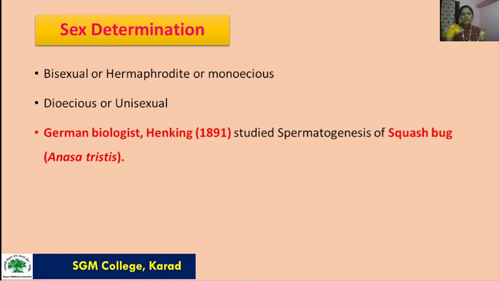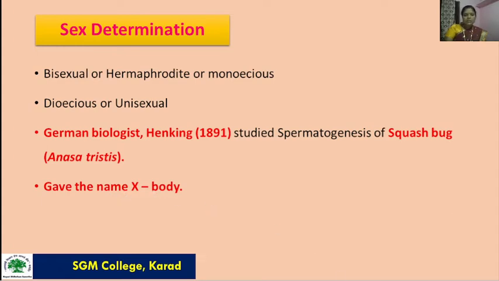From this observation, Henking gave the name X body to this structure.